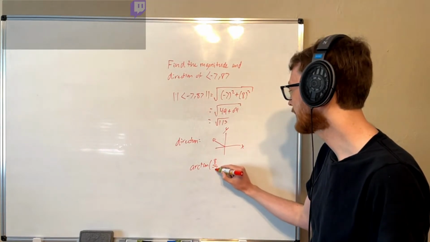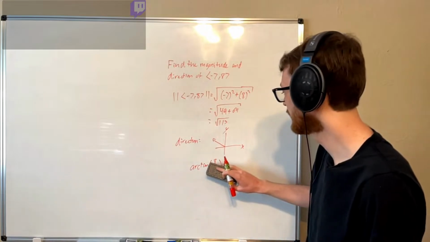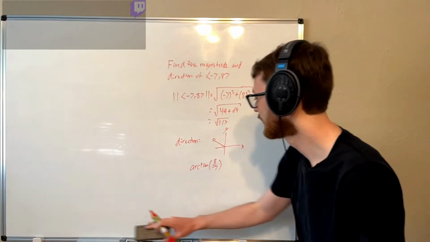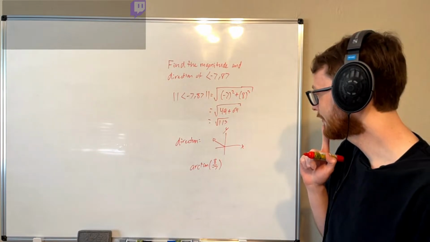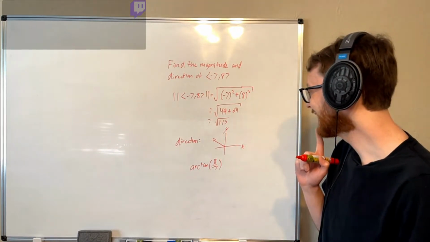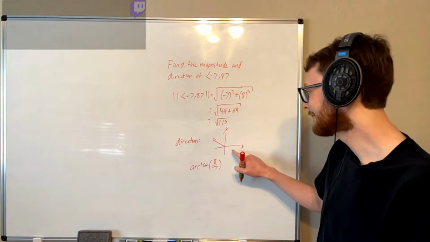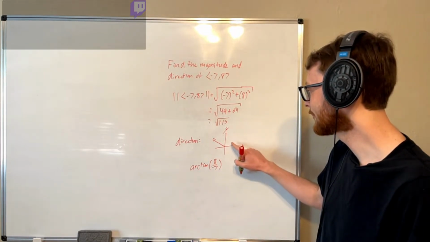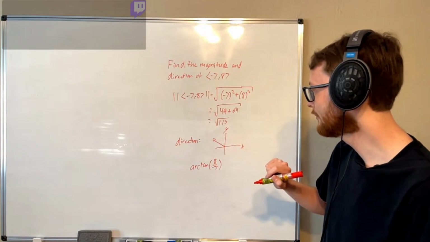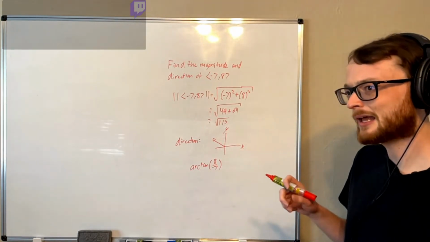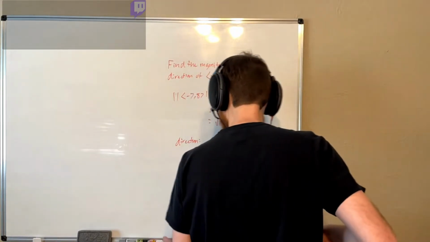So 8 over -7, which, oops, why did I put a negative in front? That's another calculator problem, because that's not unit circle, but arctan is going to give you an angle somewhere down here in quadrant 4, because it's a negative value, and arctan is only in quadrant 1 and quadrant 4. So we're going to have to translate this quadrant 4 into a quadrant 2, and I think we're going to add pi to it in order to accomplish that. I need to actually see what's happening here, though.